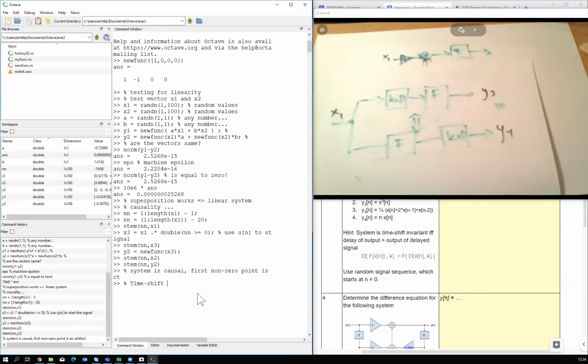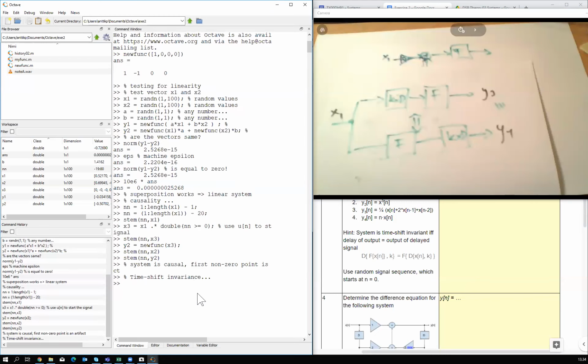So, time shift invariance. For delay, we have that shift operation again, which we can use for an artificial delay. So we have, for example, y3 equals, we first shift the signal, new func, and shift x1. How many time steps? It does not really matter.